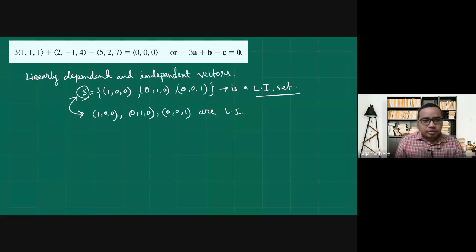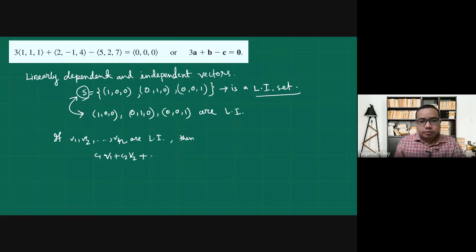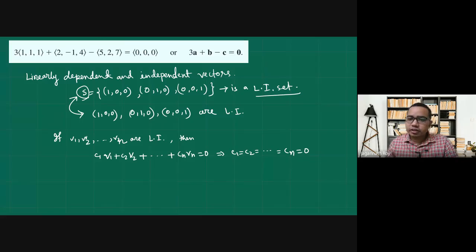And we have also seen another example. The definition is, if V1, V2, ..., Vn are linearly independent, then the linear combination C1 V1 plus C2 V2 plus ... plus Cn Vn equals 0 will imply that C1, C2, ..., Cn are all 0. So it will be a unique solution.